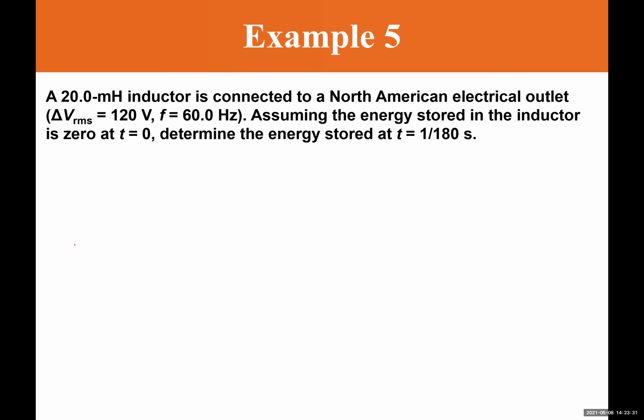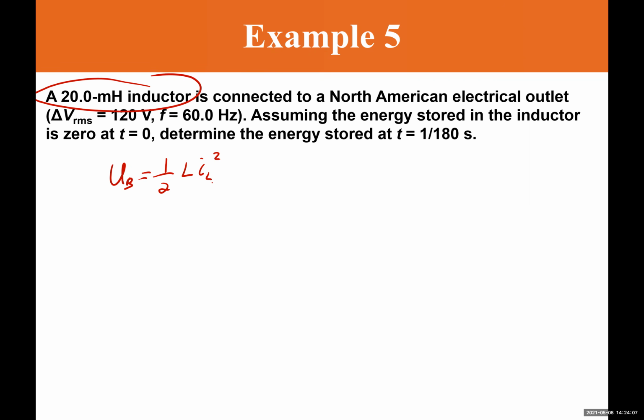Okay. So now, this is something I haven't given you the equation for yet, the time varying energy. But one thing we know is the equation for the inductor. The magnetic energy across the inductor is 1/2 L times I squared. The only difference here is that this is a time varying current, so this is I sub L squared.